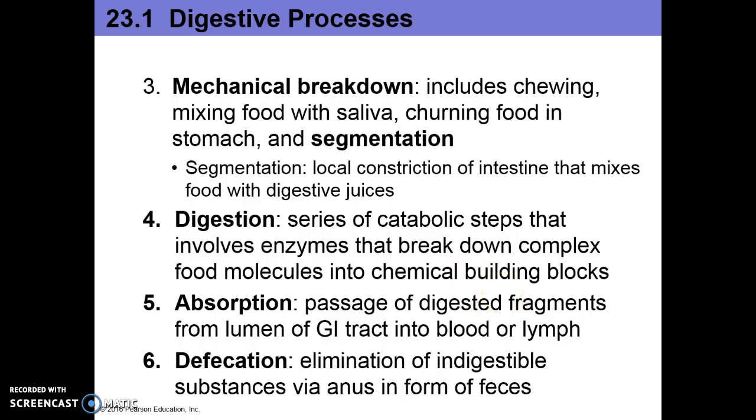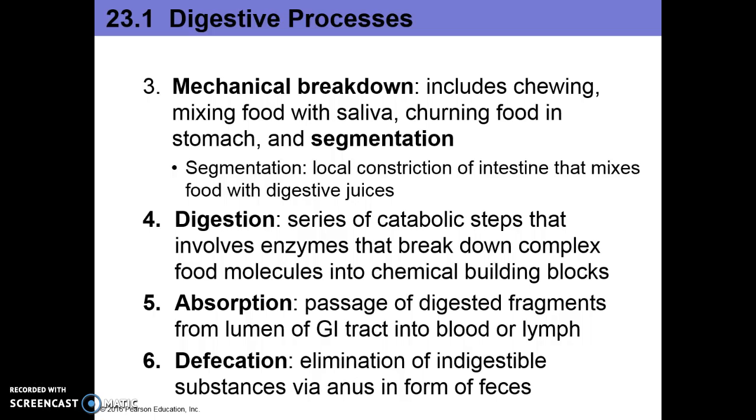Digestion is basically a series of catabolic steps, catabolic chomping away, breaking complex food molecules into simple chemical building blocks. And once you get to that point, then you have the passageway for absorption of the digestive fragments from the lumen of the GI to the blood or lymph.